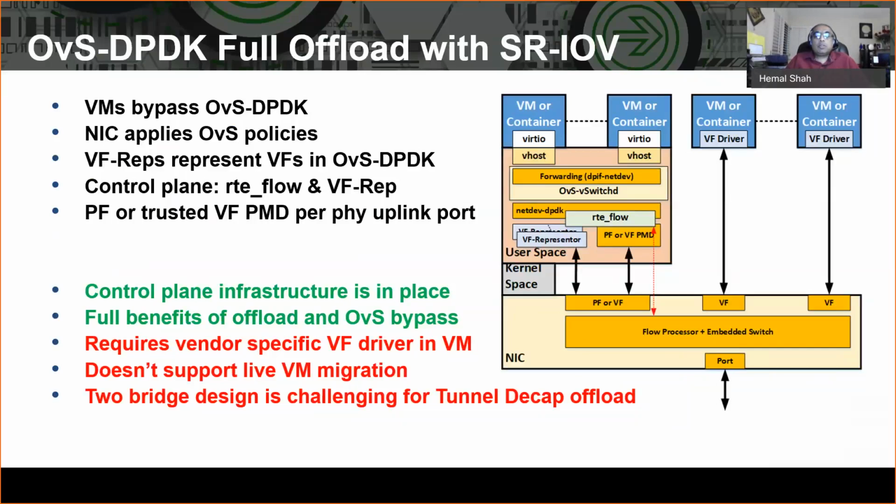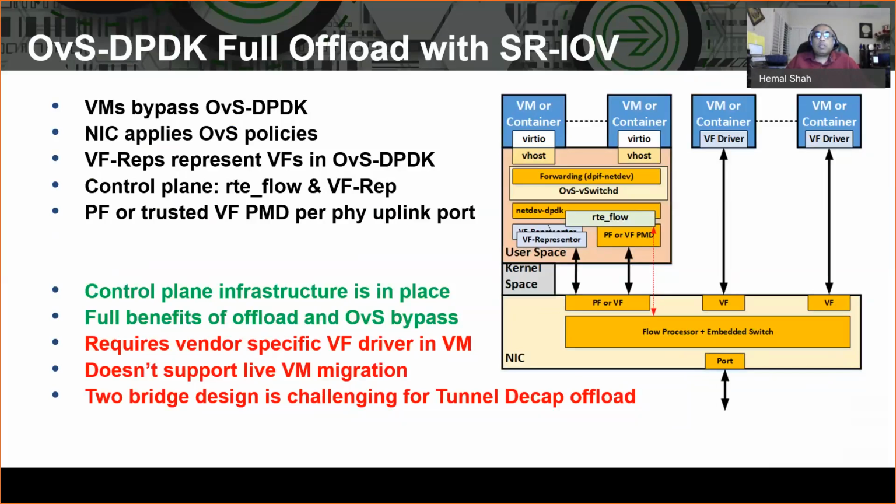Through the combination of this VF representor and the control plane of RTE Flow, this full offload model is realized. The OvS software layer still, until the flows are learned, handles all the packets to and from the VMs via VF representor. Once those flows are learned, they are fully offloaded to the NIC.